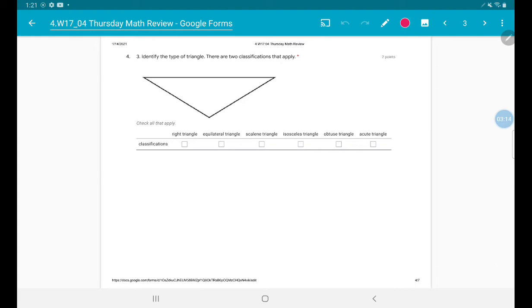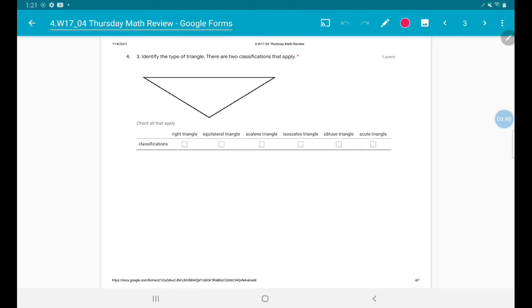We're identifying the type of triangle. Remember, we're going to classify the triangle by the sides and by the angles. So let's look at the angles first. Is there a right angle in this triangle? No. Do you see any right angles? No, so it cannot be a right triangle.